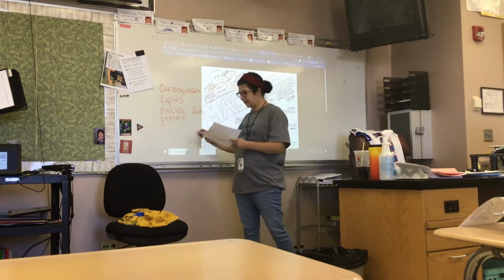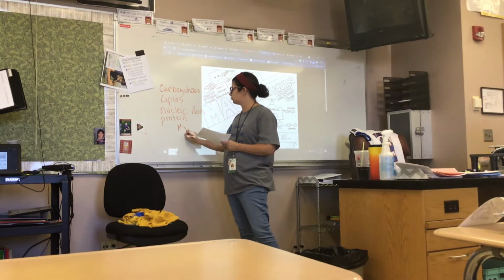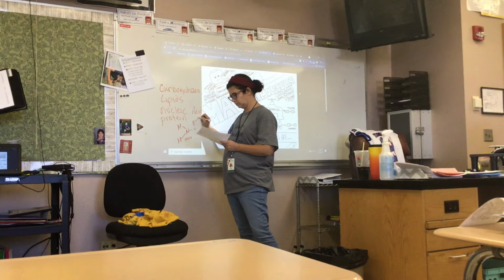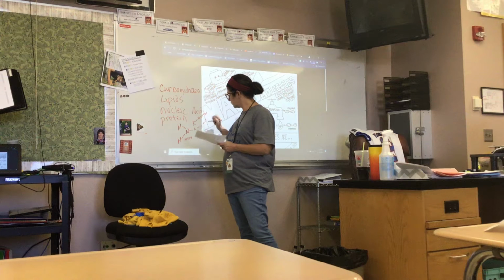They all had an amine group, which is this, or some of you, I just told you to draw it, which is fine. All proteins have an amine group. They have a carboxylic acid, which is the C double bond O, and then an alcohol group. So there's commonalities.